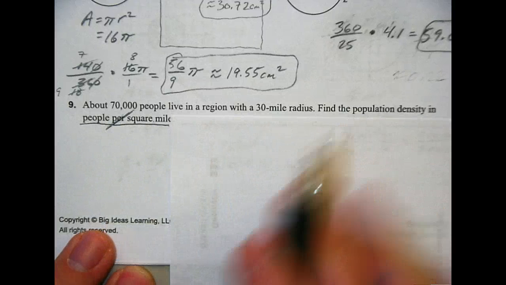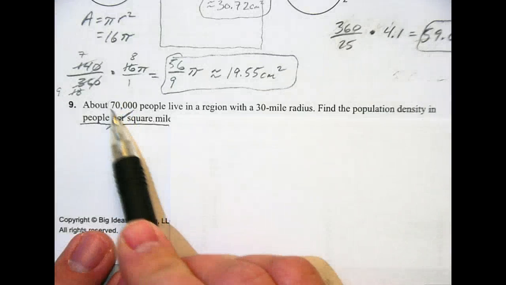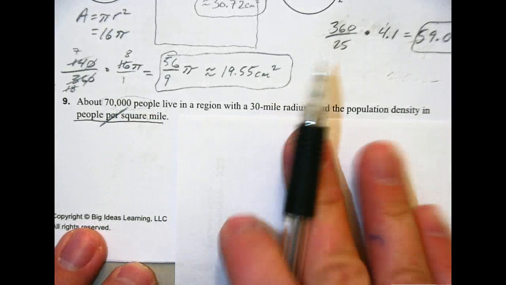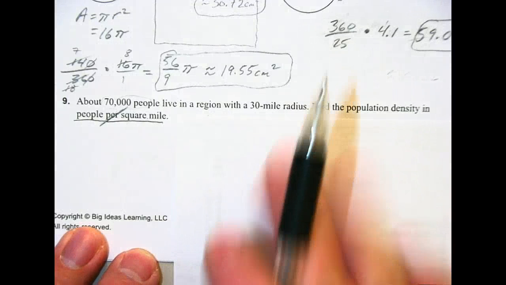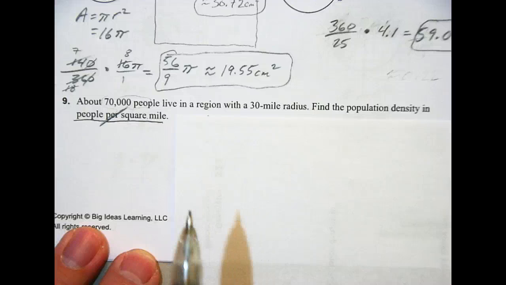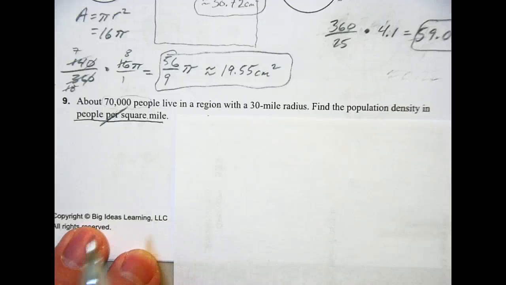So if I take how many people I have, 70,000, and divide it by how many square miles I have, which implies, Bethany? Which implies what? Square miles is the area.